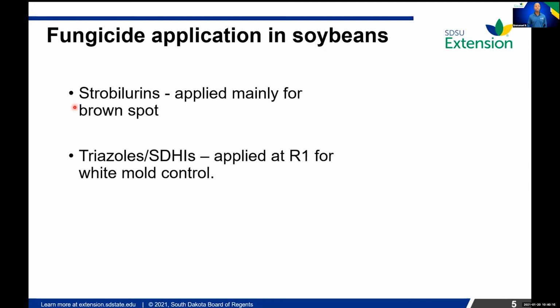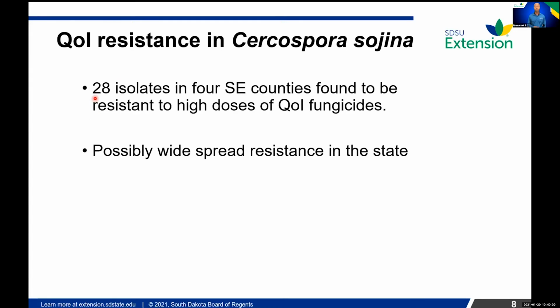And unfortunately, this is where we're also finding resistance issues that are developing. So as we talk more about fungicide resistance, look at the class that's being used and for controlling what disease in soybeans. As I was mentioning, we have detected strobilurin resistance in Cercospora sojina, the pathogen that causes Frogeye leaf spot in soybeans.